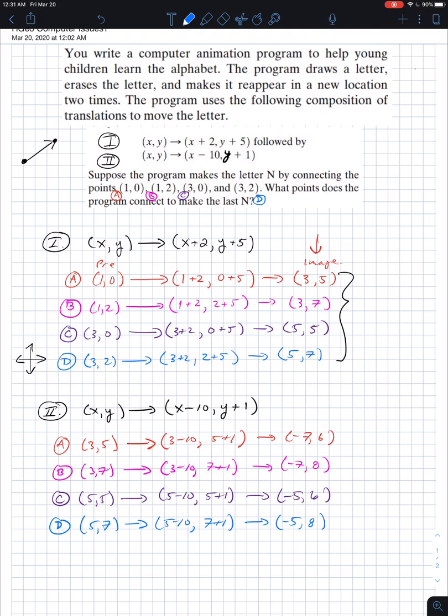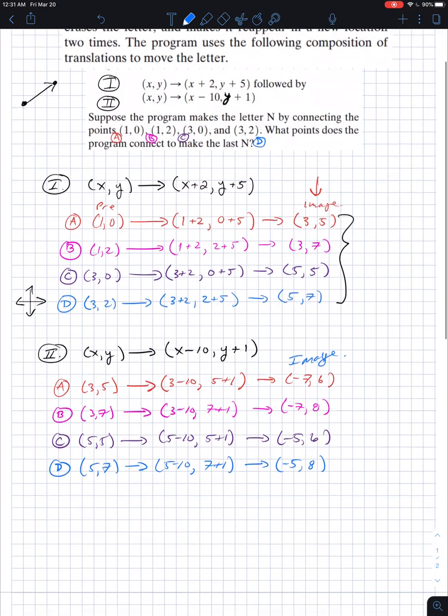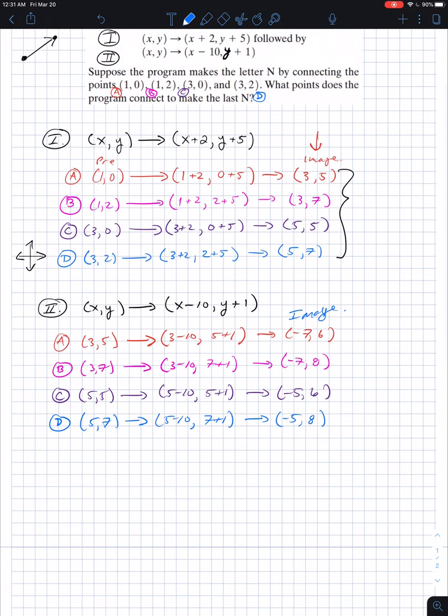So now all we have to do is take our final set, which is this new image that we've generated here, and answer the question. It says, what points does the program connect to make the last N? Well, how should we write it out? How about we make it easy?